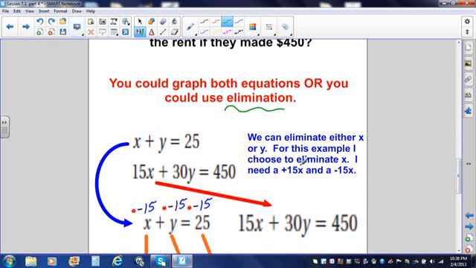For this example, I choose to eliminate the x. So what I need is a positive 15x and a negative 15x. So here's my positive 15x. Now I need to make this x a negative 15x so I can eliminate something.